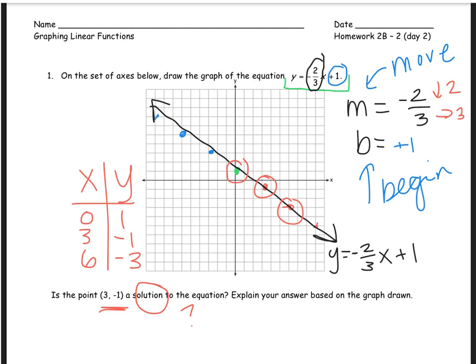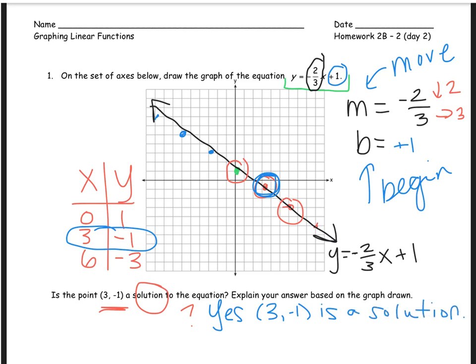Do we see the point (3, -1)? I actually do see (3, -1). Not only is it in the table, but (3, -1) is also right here. So yes, it is a solution.